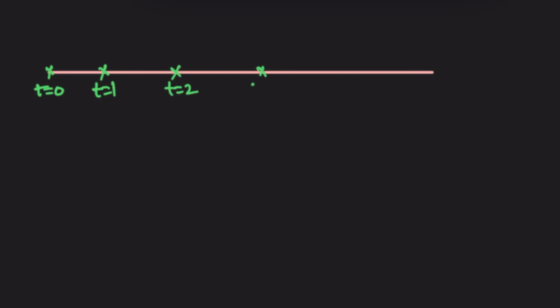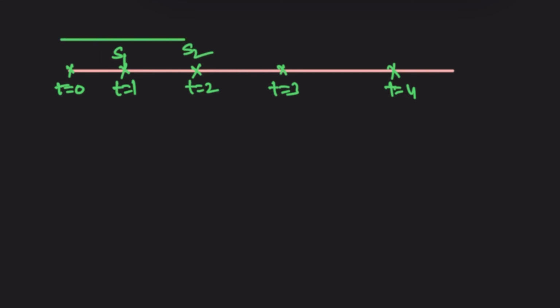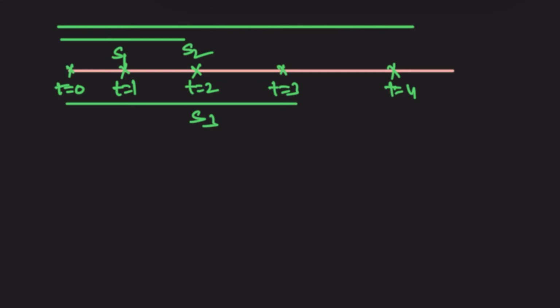At t is equal to 3 seconds, this is the position of the body. At t is equal to 4, this is the position of the body. S1 means displacement covered in first second, S2 means displacement covered in 2 seconds. S3 means displacement covered in 3 seconds, S4 means displacement covered in 4 seconds.